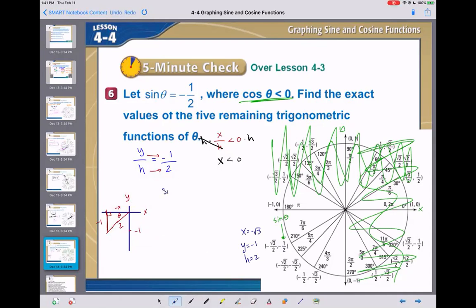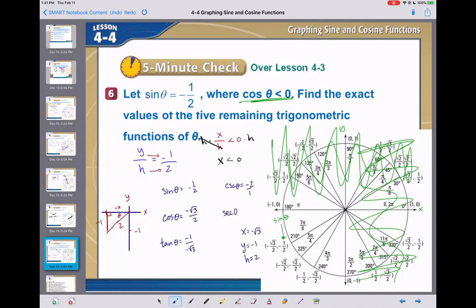Okay, so to find our trig functions, sine was -1/2. We already were told that. Cosine would be -√3/2 because it's x over h. Tangent is y over x, so negative 1 over negative square root 3. I'll reduce that in a little bit. Cosecant would be negative 2 when you flip, negative 2 over 1.